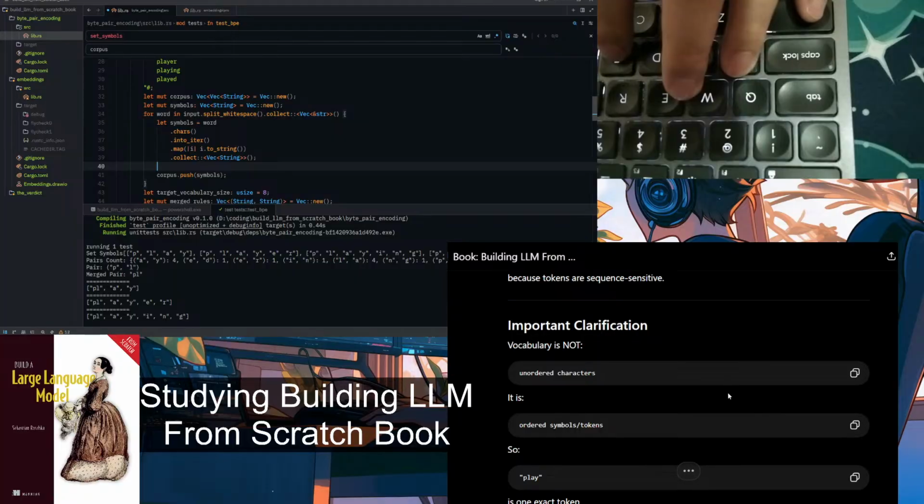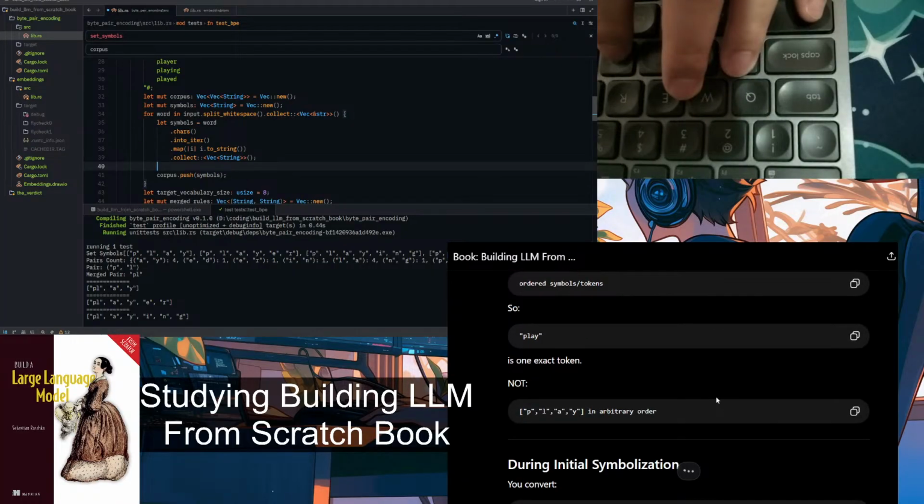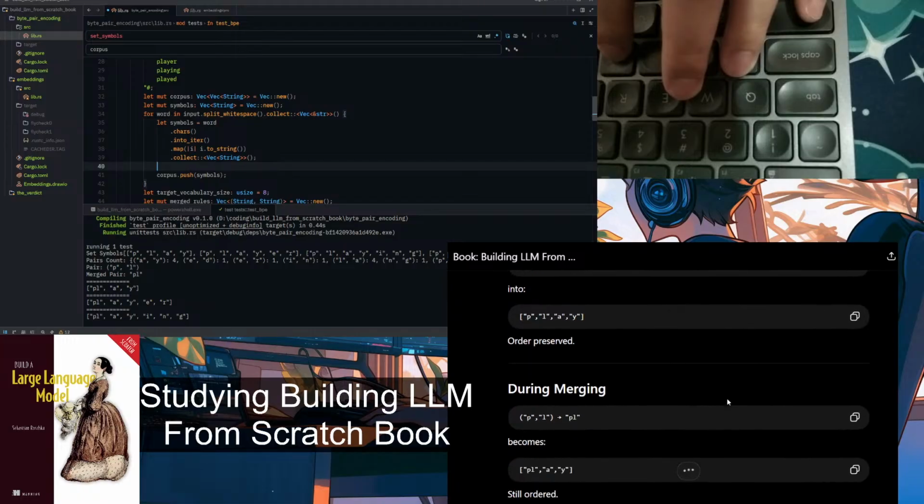It's not an order, it is ordered symbols or tokens. So play is one exact token.